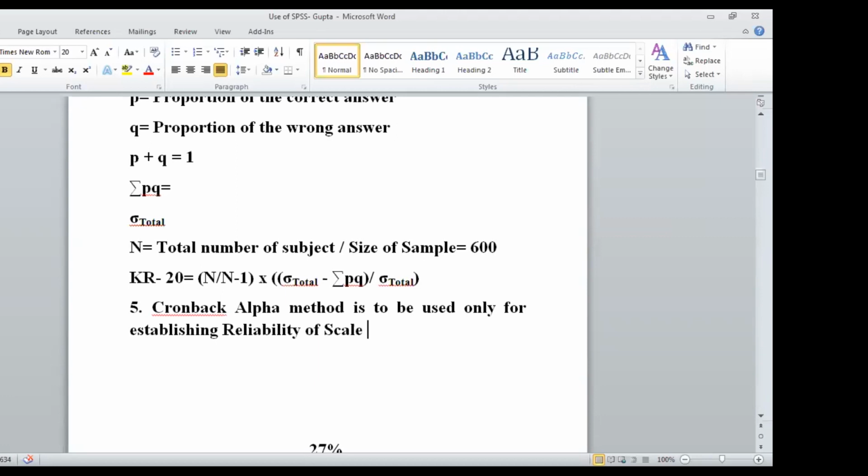Now, in the scale, you will have the positive items as well as the negative items, and both must be equal in number. And you have arranged them in a random fashion. You have not arranged all positive one side and then negative. No, they are mixed. And you have to administer only once to the 600 subjects which you have taken for establishing the reliability.